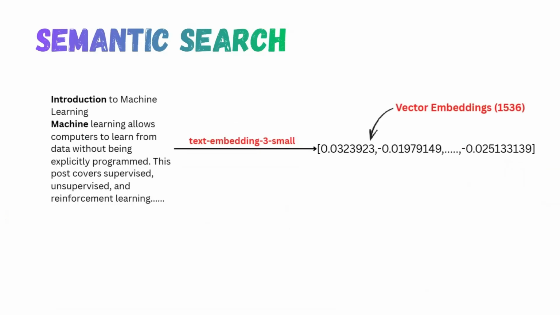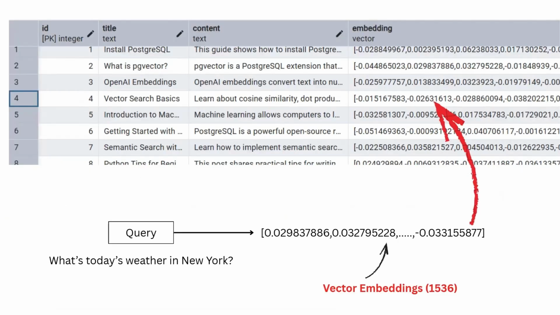But on the other hand, semantic search looks for the meanings or concepts behind your query, not just the exact words. It uses vector embeddings, which are a numeric representation of words, sentences, or documents, as we just discussed. It converts the query also to vector embeddings and compares them with document embeddings to find conceptually similar content, in place of comparing the words.